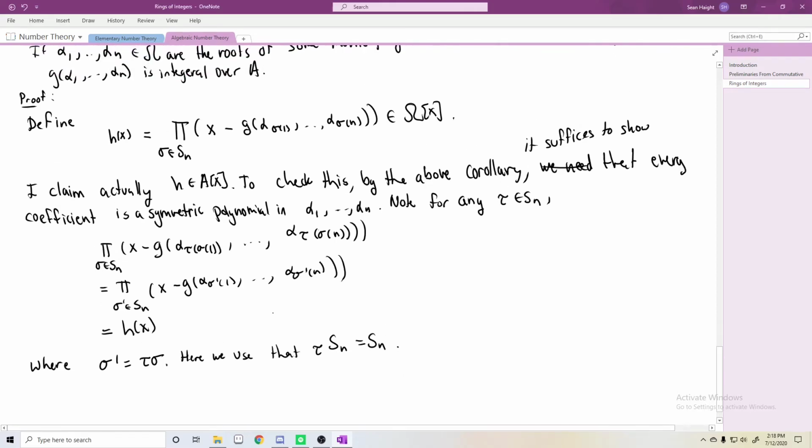Left multiplication by tau actually defines a bijection on the symmetric group. So if the symmetric group acts in this way, what ends up having to happen is that it has to fix every coefficient of the polynomial h. So it leaves h unchanged, so it has to leave every coefficient unchanged.